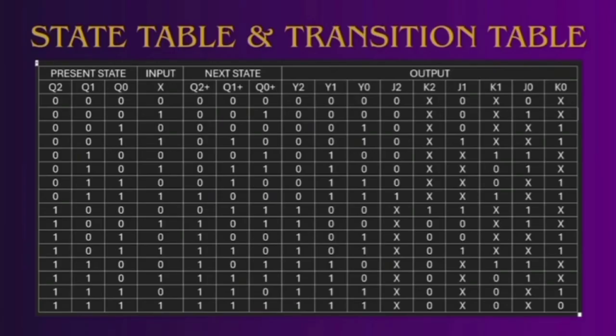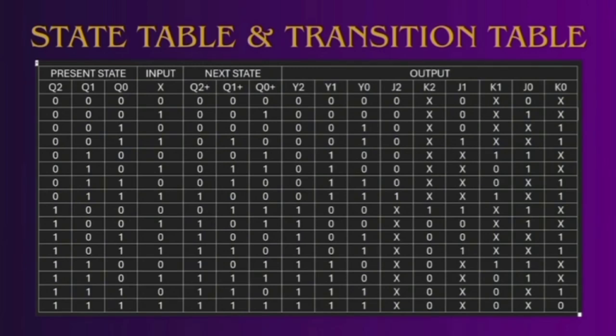If 100 and X equals 0, the next state will be 011. If 100 and X equals 1, it will be 101, moving to the next state. If 101 and X equals 0, it remains 100. If 101 and X equals 1, it moves to the next floor, 110. If 110 and X equals 0, the next state will be 101.